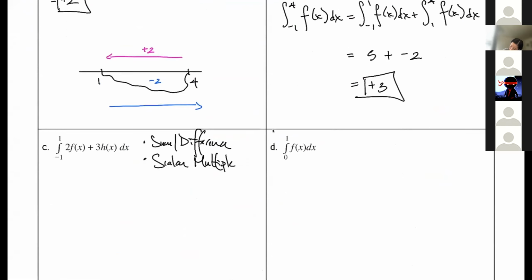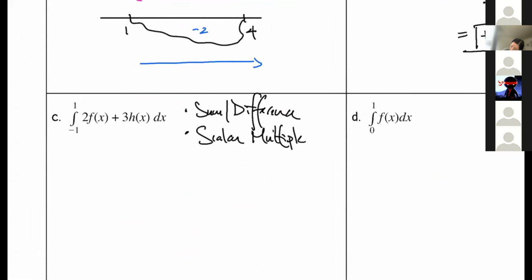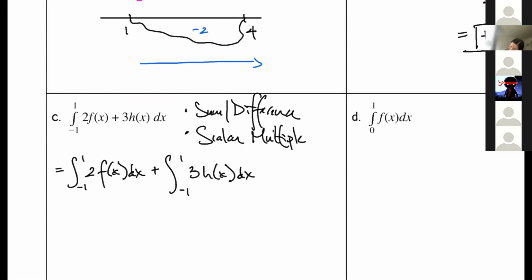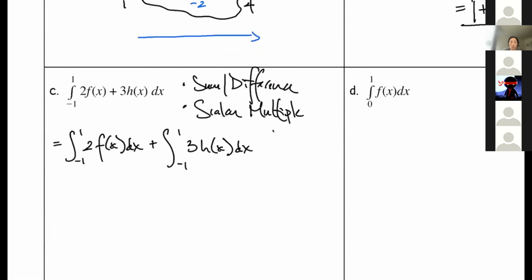Right? And so if we were to apply those, we could break this up into two different integrals. So this would be 1 plus the other one. So this would be the sum difference rule. And then I could apply the scalar multiple and do something like this.